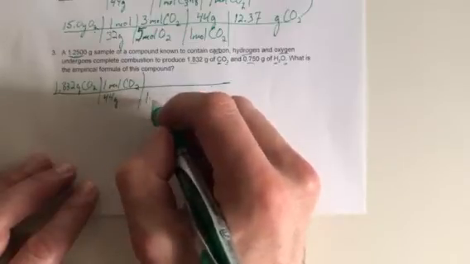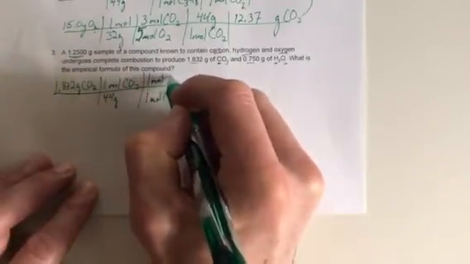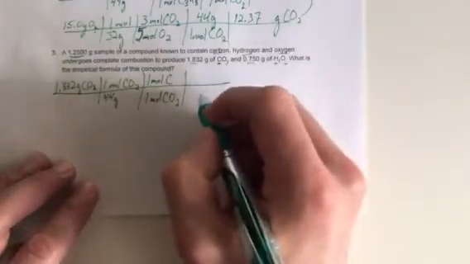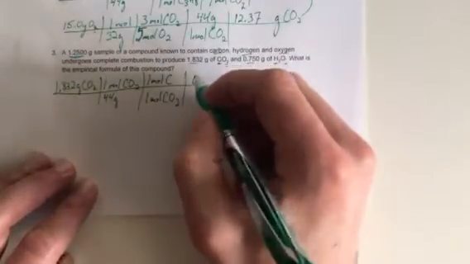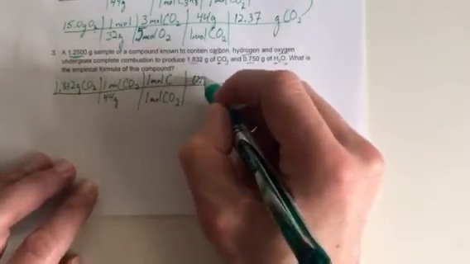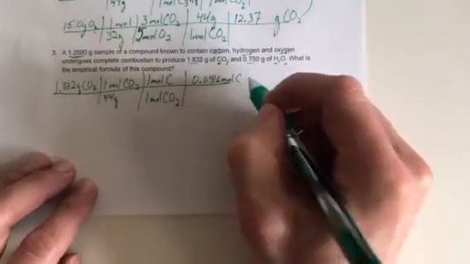So for every 1 mole of CO2, there's only 1 carbon, so 1 mole of carbon. We can solve for the number of moles of carbon. I'll show you why that's important later, but we're going to do the math here, and we're going to solve for this to be 0.0416 moles of carbon.